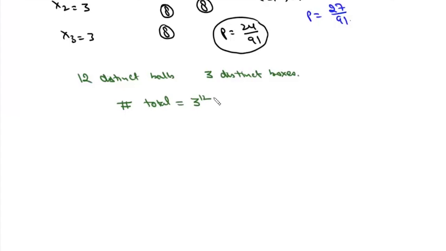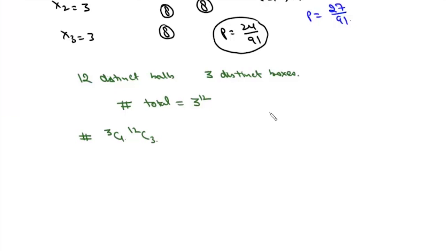Now the condition is one of the boxes contains exactly 3 balls. First we'll calculate which box contains these 3 balls. So it will be 3C1. Now in this box we have to select 3 balls from 12 distinct balls, which can be done in 12C3 ways.